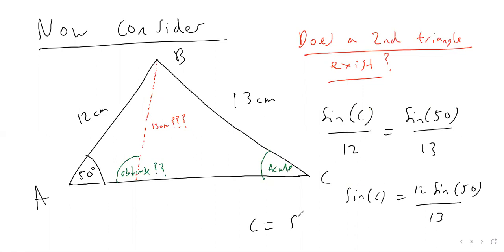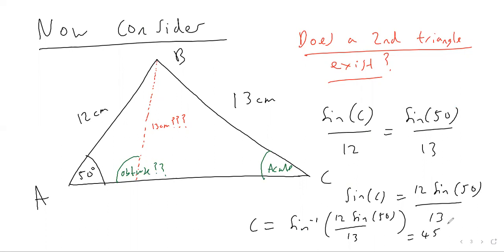We then do sine inverse of that, sine inverse of 12 sine 50 over 13. Put that into the calculator: sine inverse of 12 sine 50, divided by 13. So we should get 45 degrees.